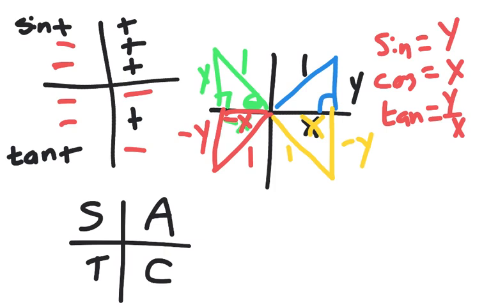There's all kinds of different ones you can probably find on the internet. But I remember this: all students take calculus. What does that tell me? All. That means all of them are positive. Students. Only sine is positive. Take. Only tangent is positive. Calculus. Only cosine is positive. Okay, that's my little saying. That's the way I remember it.